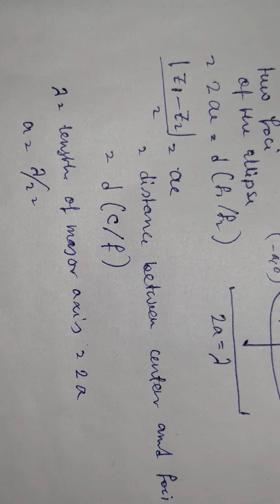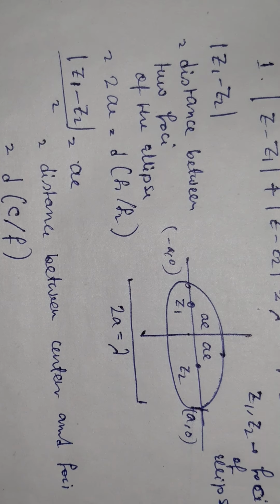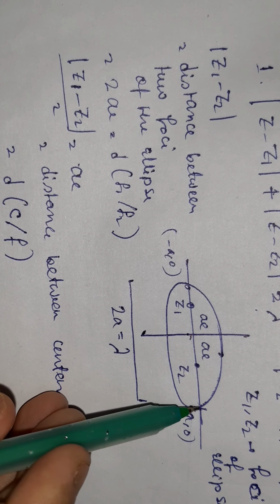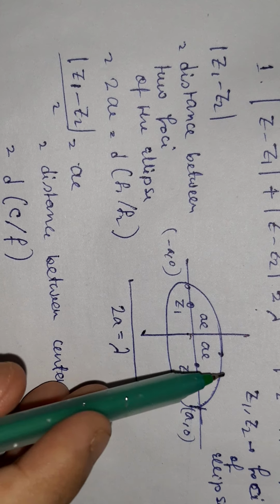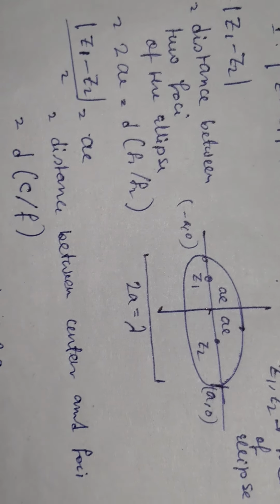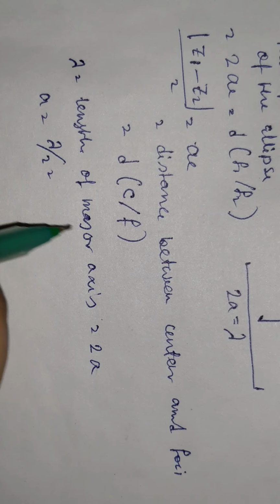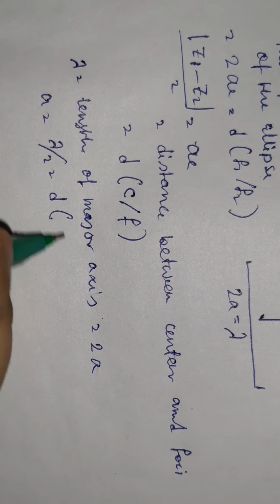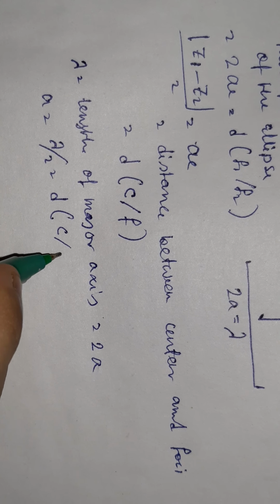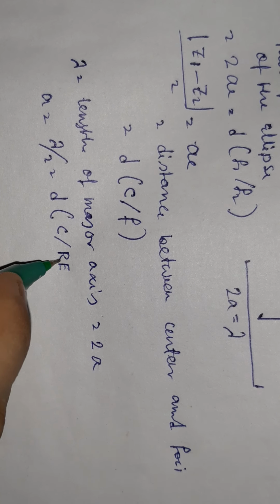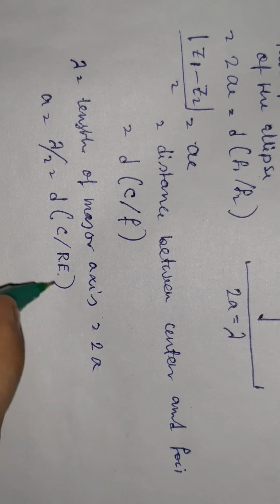And what is a actually? a is the distance between the center and the right extreme point of this ellipse. So we can write the distance between the center and the right extreme point of the ellipse.